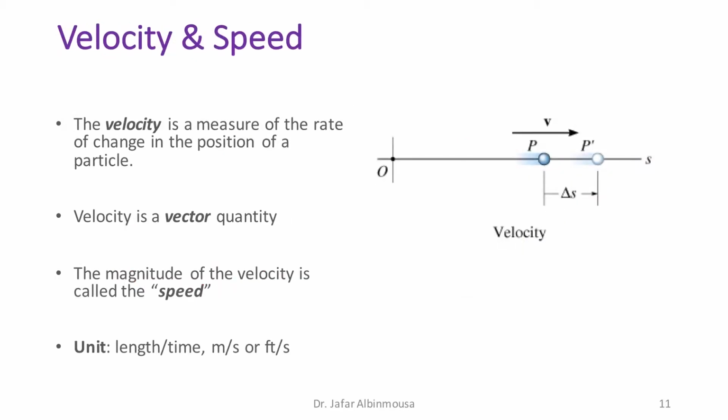Now, the speed and velocity. The velocity is a measure of the rate of change in the position of a particle. And the word rate means that it changes with time. And if you look carefully in this diagram, you would see that the position of the particle at a given time was P, and then it changed to P prime.